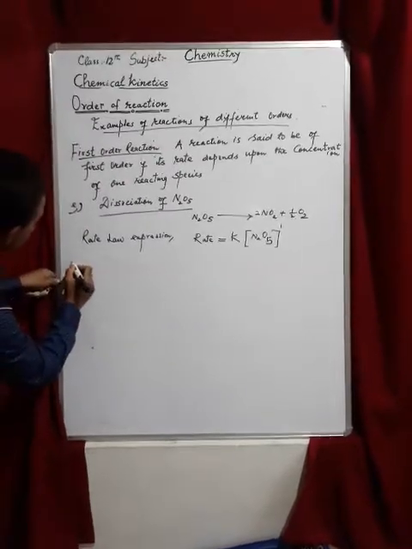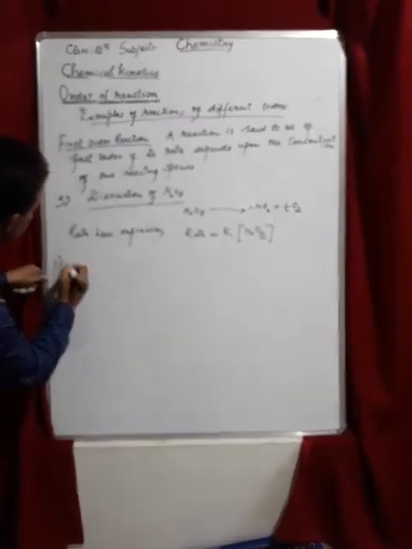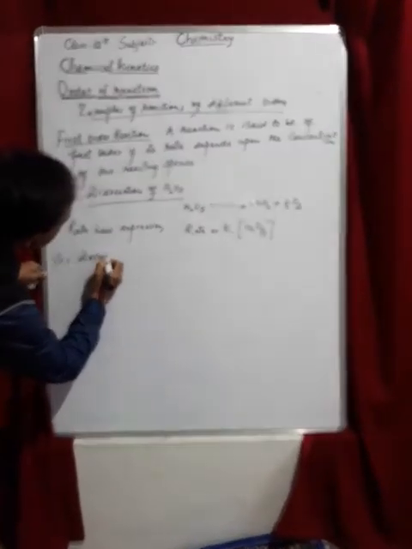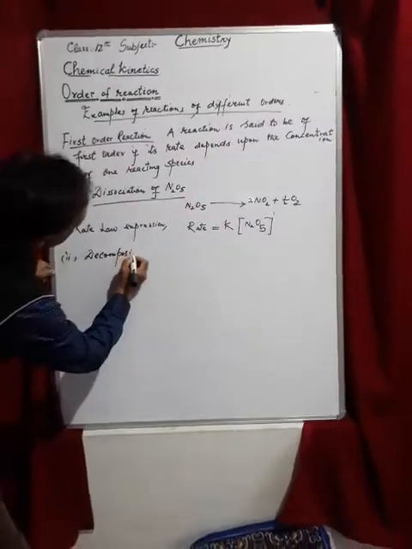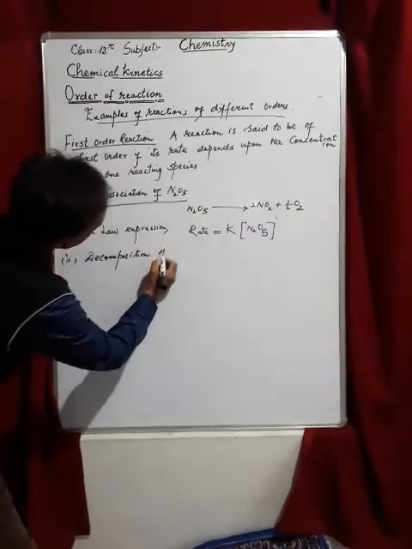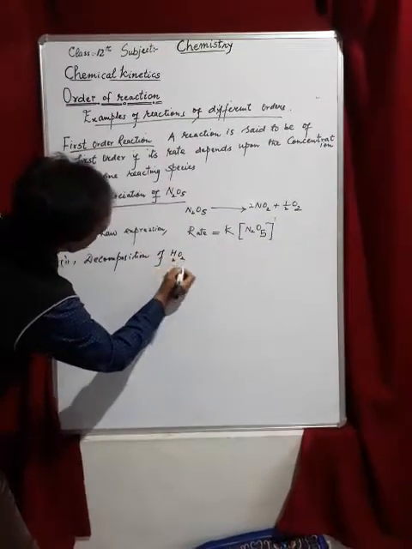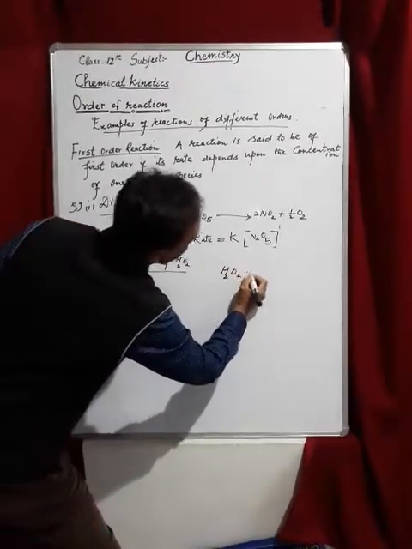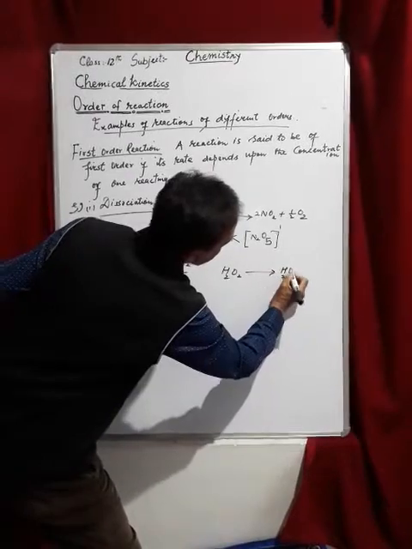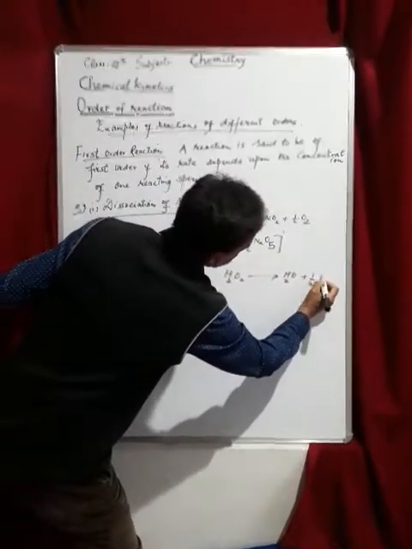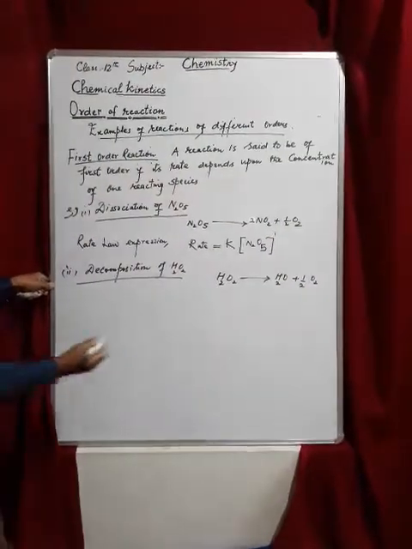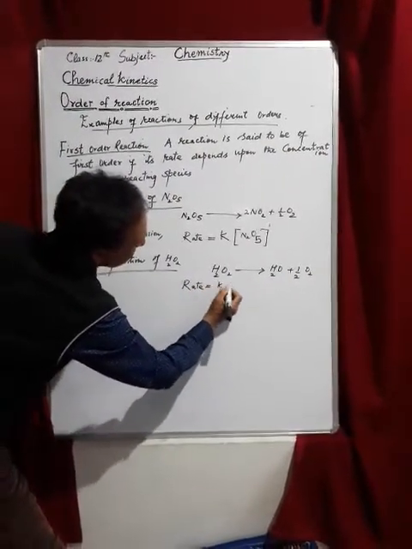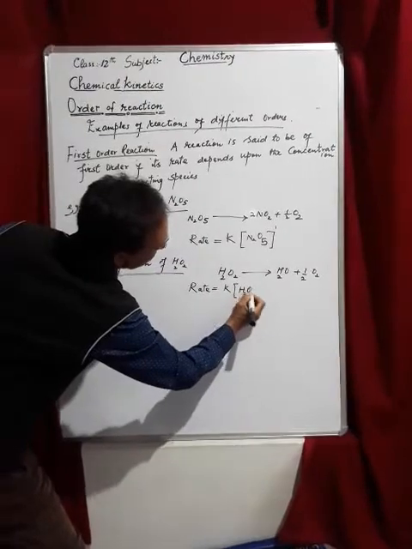And second, we will write decomposition of H2O2, hydrogen peroxide. It decomposes and forms H2O plus 1/2 of O2, and according to the rate law expression, rate is equal to K [H2O2].